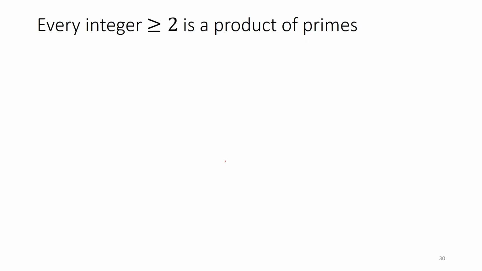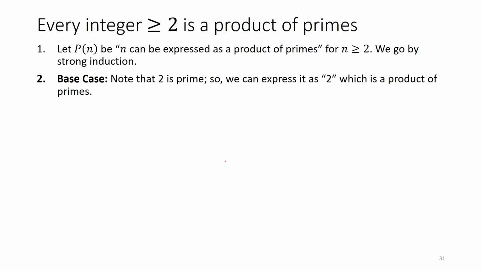So every integer greater than or equal to 2 is a product of primes. Yes, it's true. 2 is the first prime, and the next step will be a prime or a composite; either way, it is a product of primes.